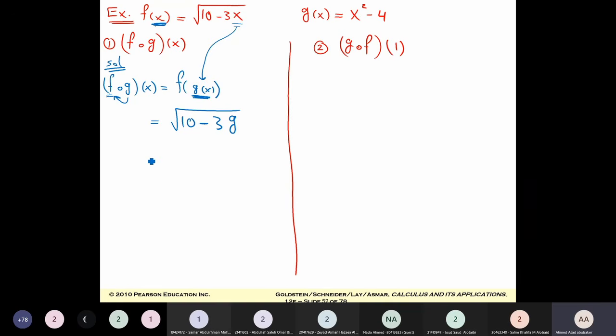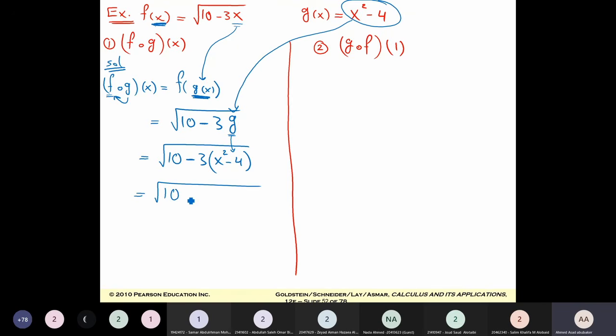This equals radical 10 minus 3, what is the value of g? This is the value of g that I want to substitute. So we have x squared minus 4. This is the value of g. Now we need to simplify.